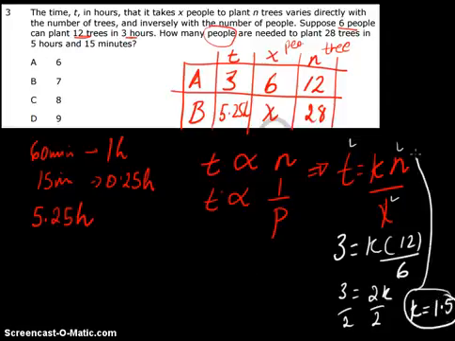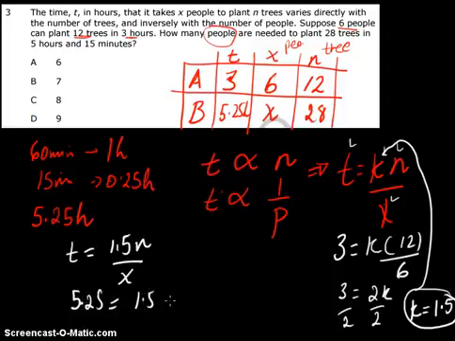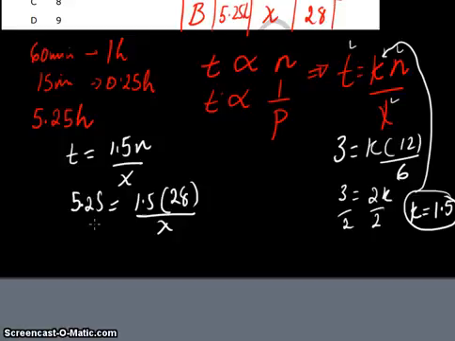Now we're going to plug this k back into the equation, and we have t equals 1.5n over x. Remember we're looking for x, so we're going to plug in the time from scenario number 2, which is B. 5.25 is the time it takes, so 5.25 equals 1.5 times n, and we're planting 28 trees, divided by x. Now when we do this math, we cross-multiply.